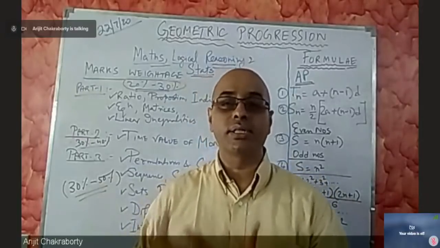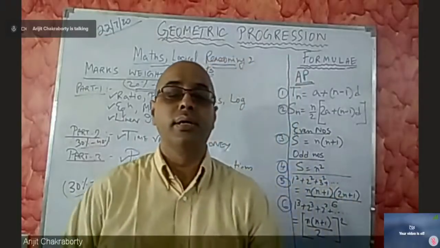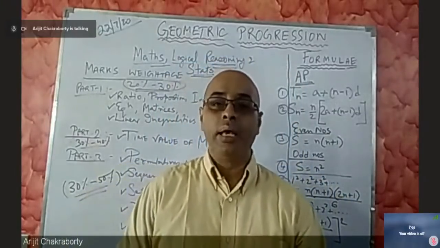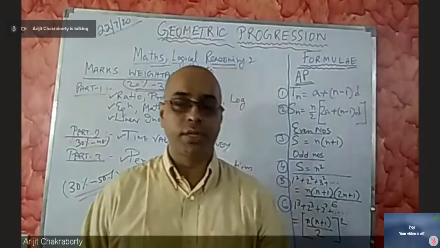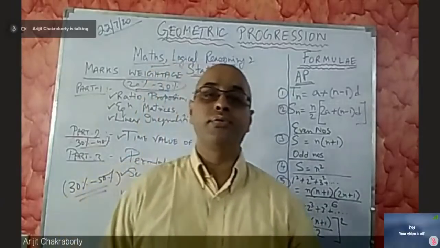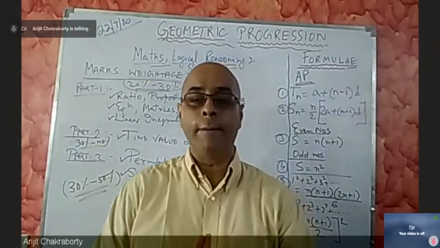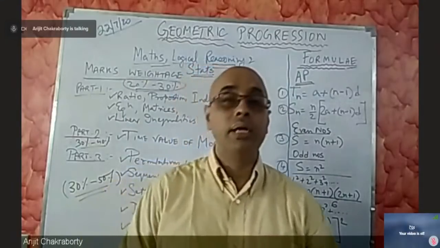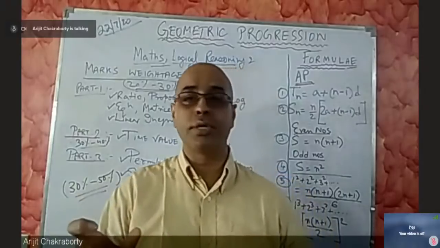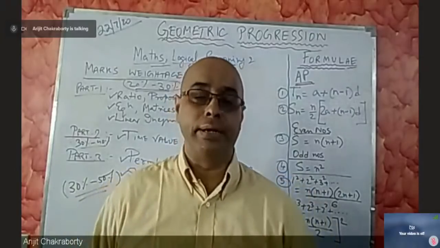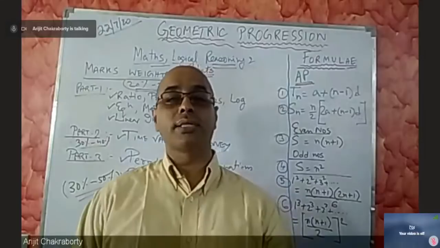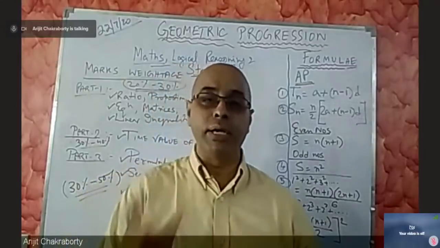First, we'll go into the discussion of the weightage of different chapters in the exam. Second, we will move into geometric progression. We will see the different important formulas, the concept of geometric progression, GP, and then we will discuss about GM, which is called the geometric mean. Friends, you may remember last day I discussed about arithmetic mean.